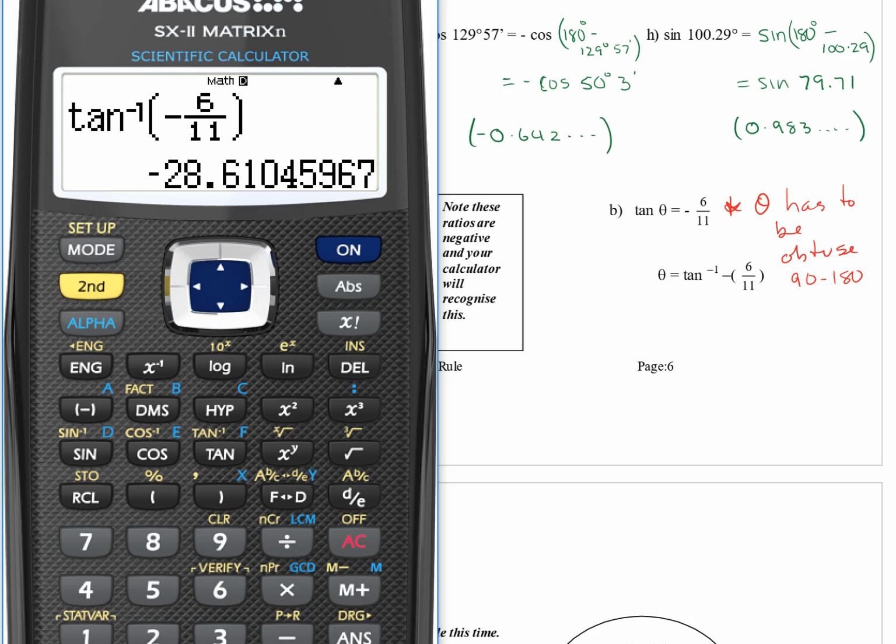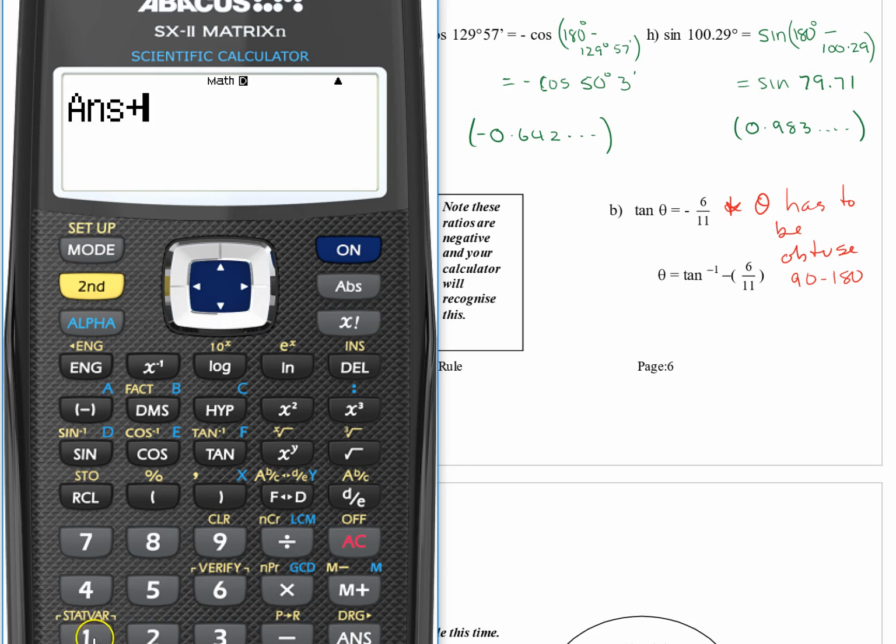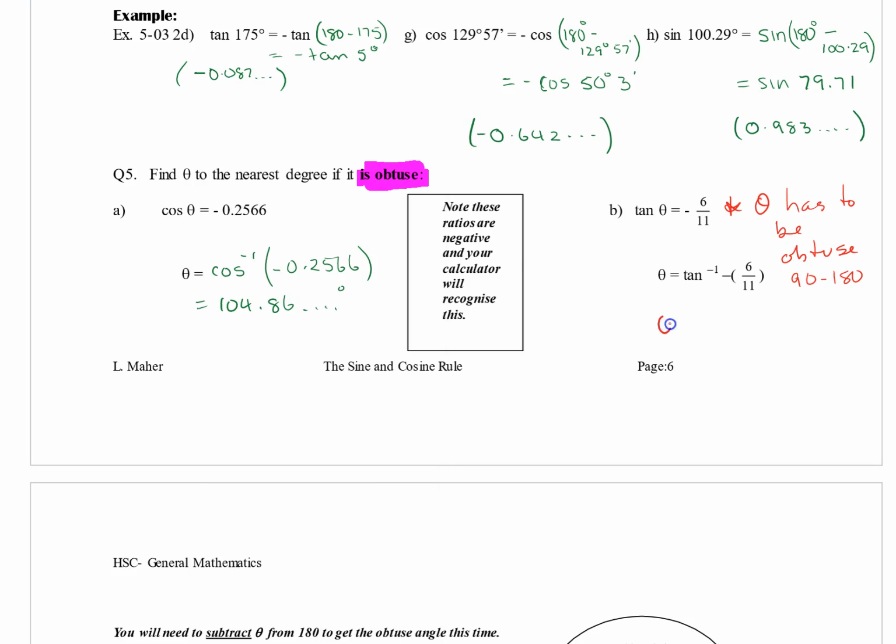I'm just going to see if I can say add 180, and yes, it did work. So all I simply did to that negative answer was add 180, and it tells us that now it gives me what I'm looking for, and I knew to look for. It tells me that theta is 151 degrees.